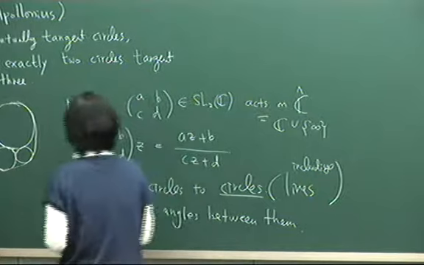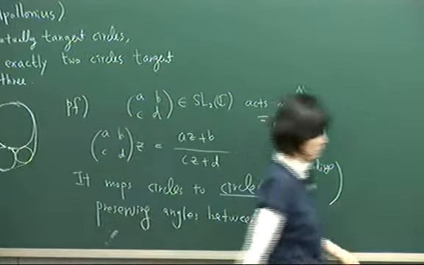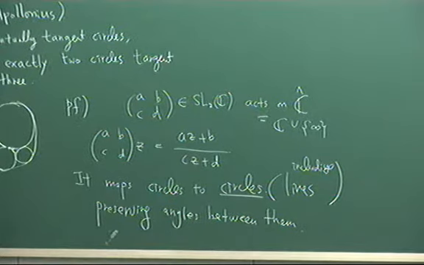We started with these 3 mutually tangent circles, and take any tangent point here. Let's call this point P. So P is a tangent point.